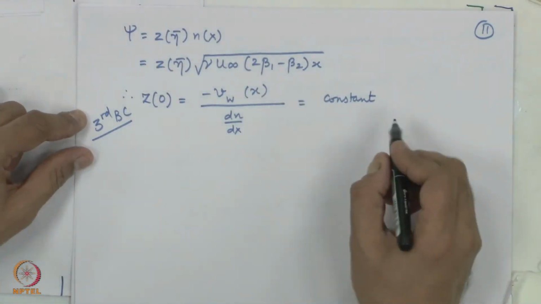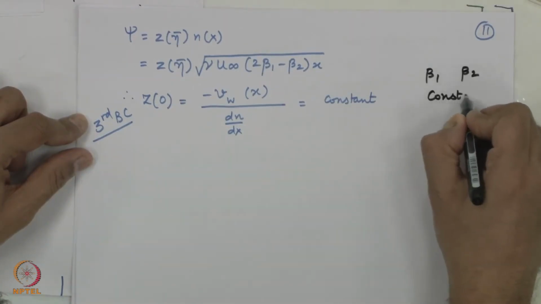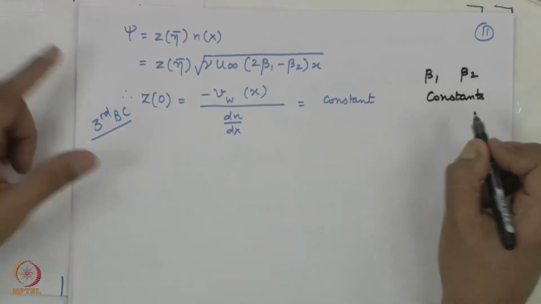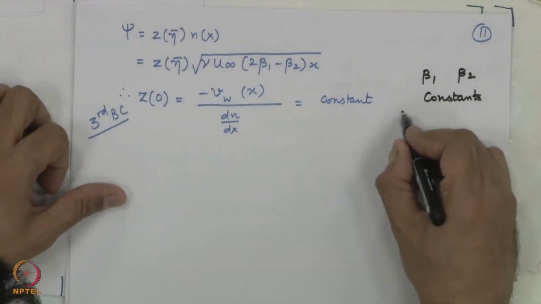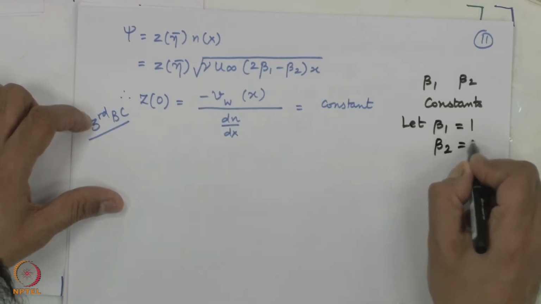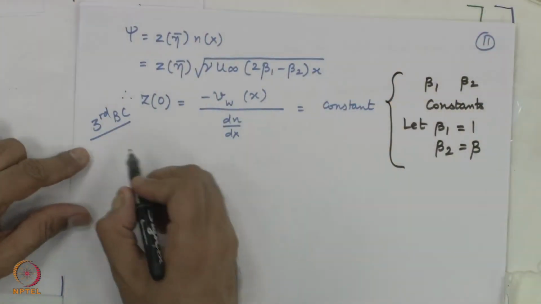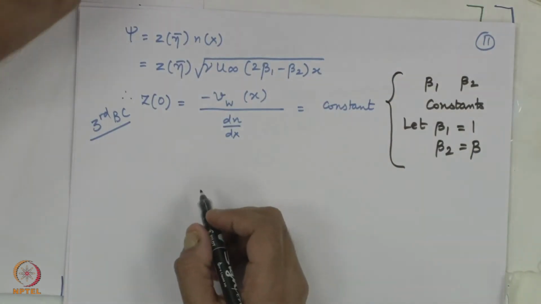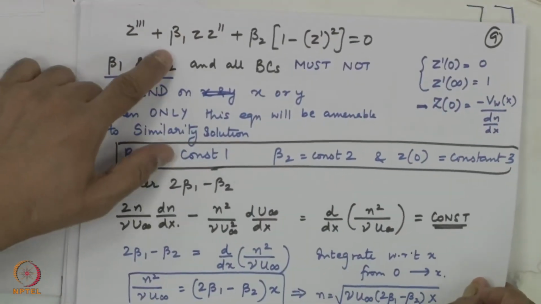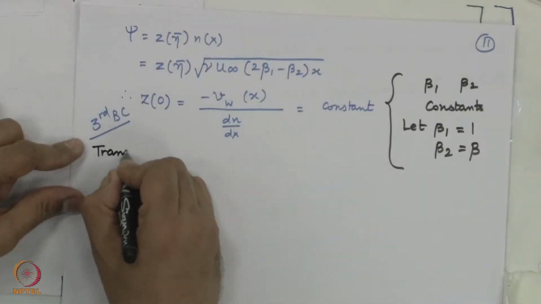So, now we had beta 1, beta 2 as some arbitrary constants. Why keep both of them arbitrary? So, let us choose, let beta 1 is equal to 1 and beta 2 is some general beta. This is as good as keeping both of them constant. So, keeping this in mind, my ODE therefore becomes, I substitute beta 1 is 1, beta 2 is beta, therefore, transformed ODE.